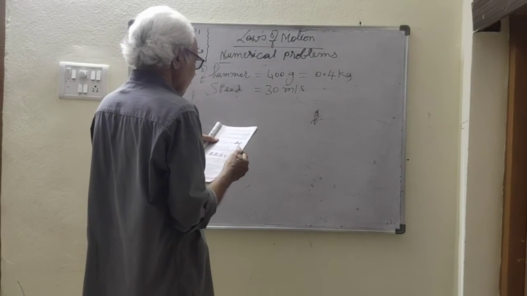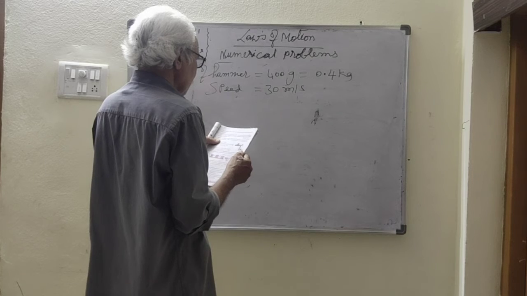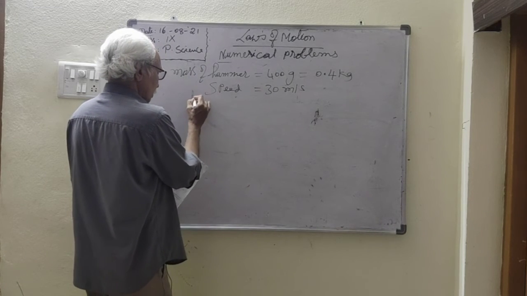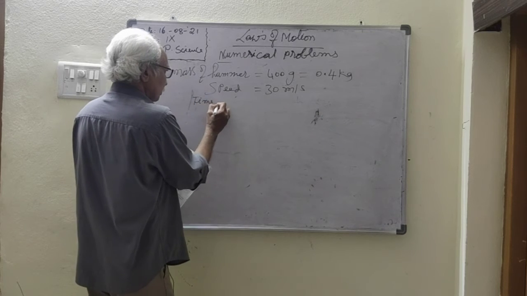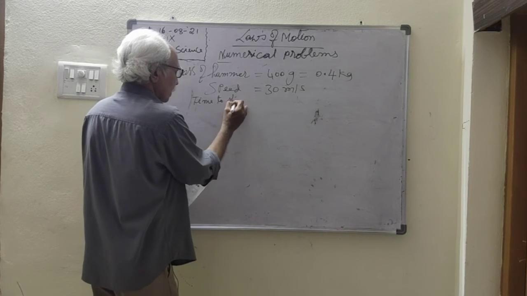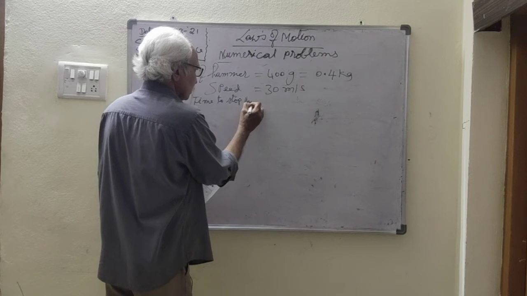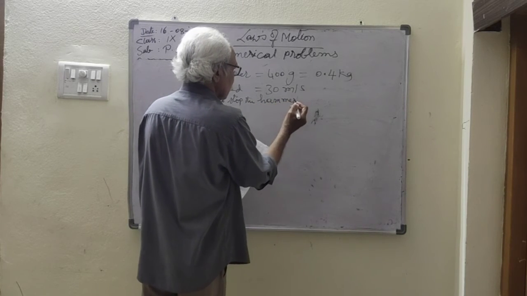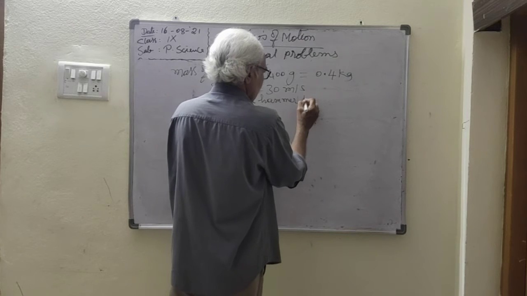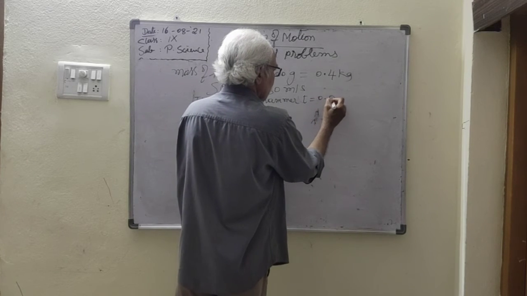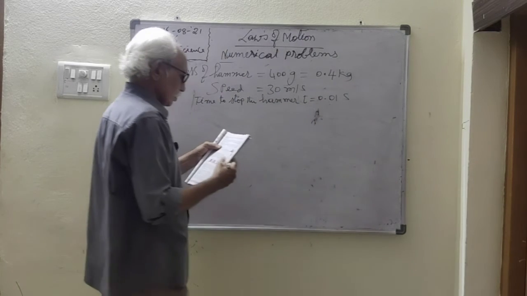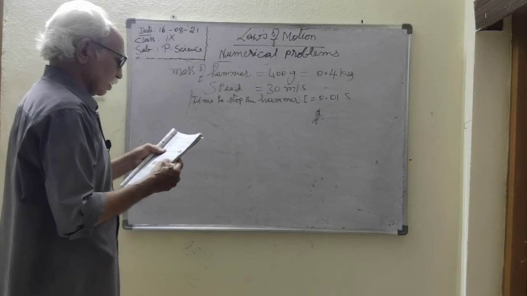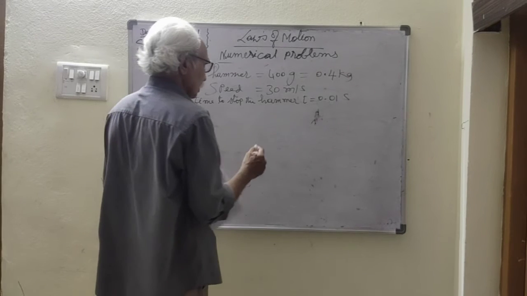The nail stops the hammer in a very short time. The time to stop the hammer is 0.01 seconds. What is the force of the nail on the hammer?